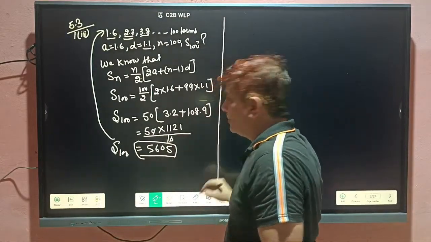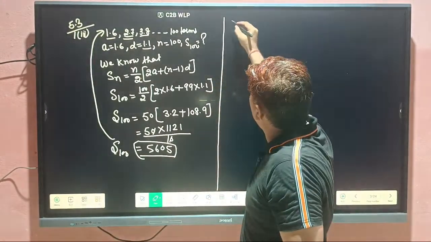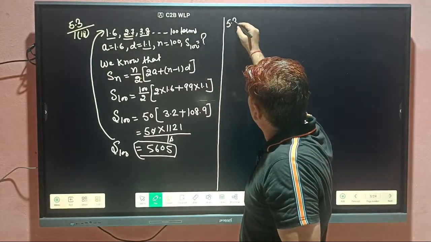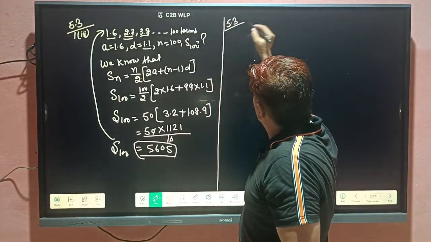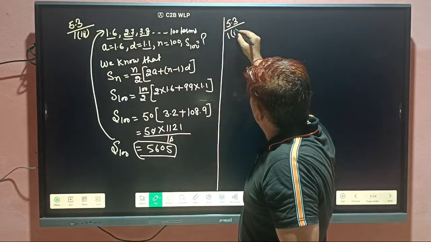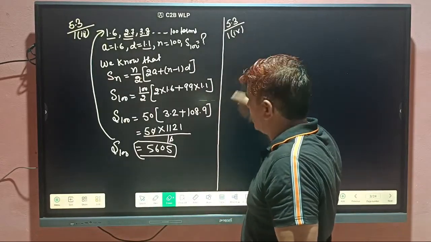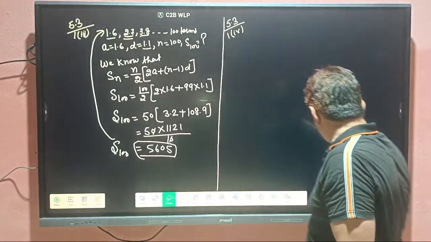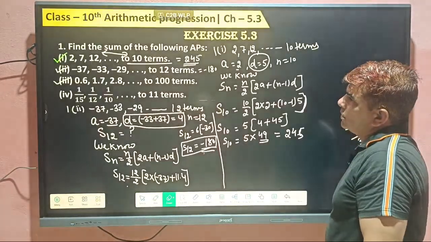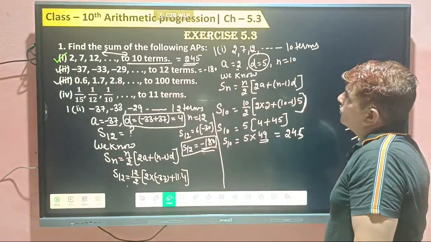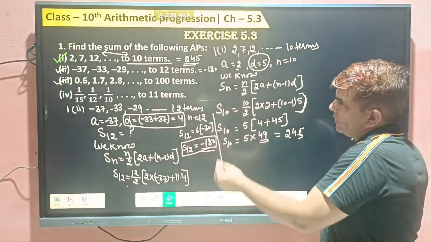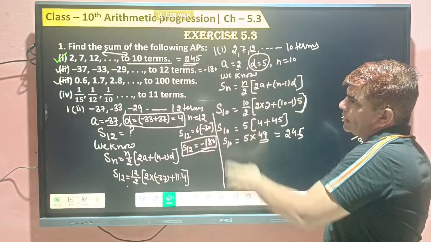So this part I told you. Then what's coming? One more part is given. Exercise 5.3. Question number 1, part number 4. So what's given? It's in the form of fractions. The formula remains the same. So this is given: 1 by 15, 1 by 12, 1 by 10.